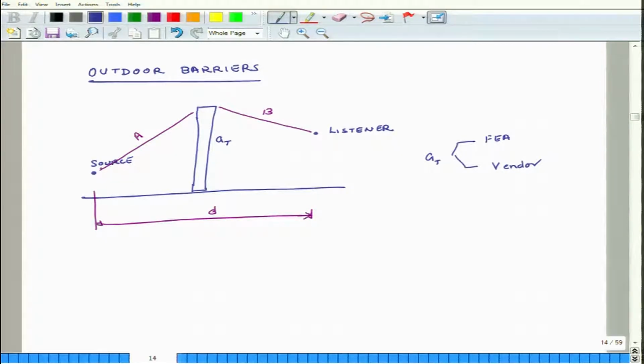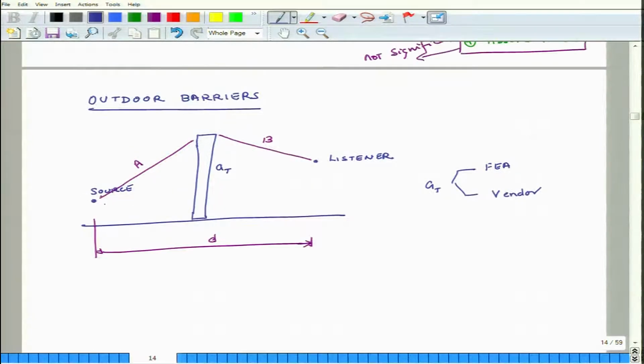So, if this is the situation, and let us say this sound source is producing W watts of energy, so the sound power level is LW, then the value of sound pressure level at the listener location, I will write that directly, equals LW plus directivity index.